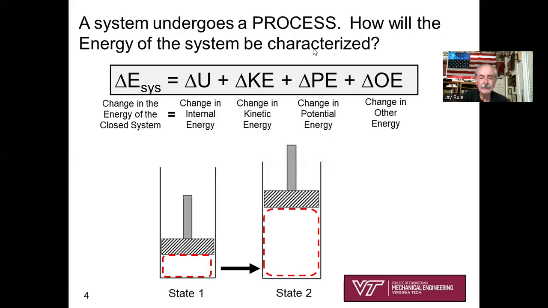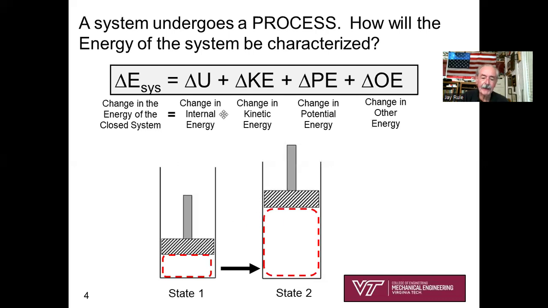Okay, so let's imagine a piston and cylinder, or in other words, a closed system going from state one to state two. Remember, state was an important word, characterized by different properties. It's going to undergo a process to get from state one to state two.